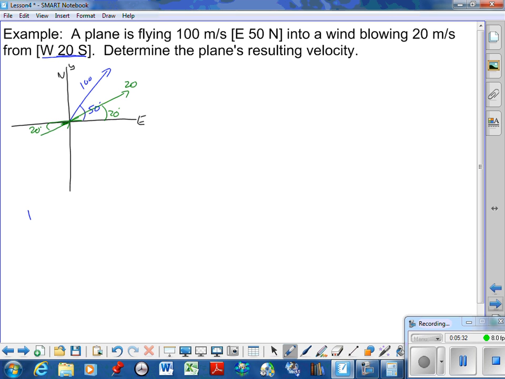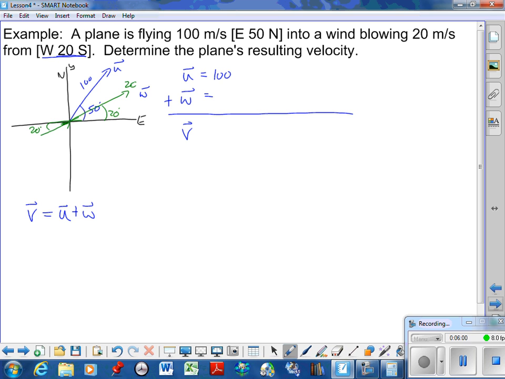So the resulting velocity, again, you can use whichever variables you choose. It's like algebra. I might as well use W for wind. That would make the most sense, wouldn't it? So the plane plus wind gives me my velocity: U plus W is going to give me the velocity of the plane.